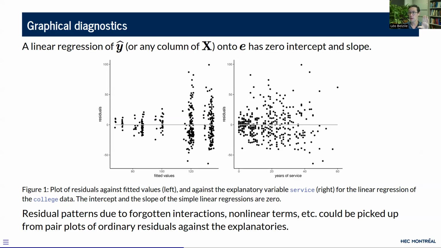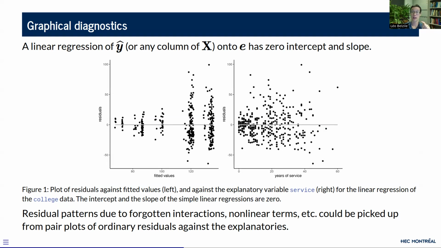So this is a bivariate scatter plot, y hat versus E, or X, here service versus E, and I fit a straight line. Well, they're uncorrelated, so the best fitting line has slope 0. And there is no residual linear dependence between those two.